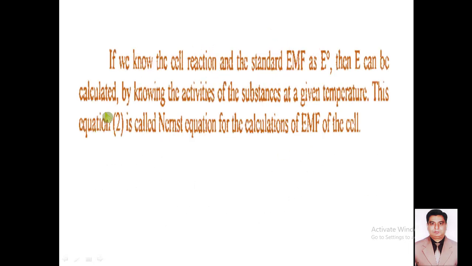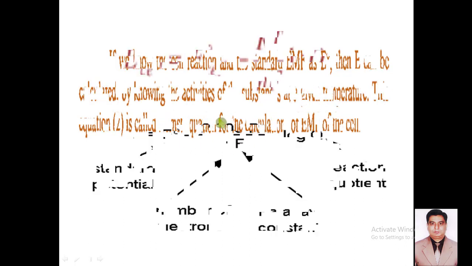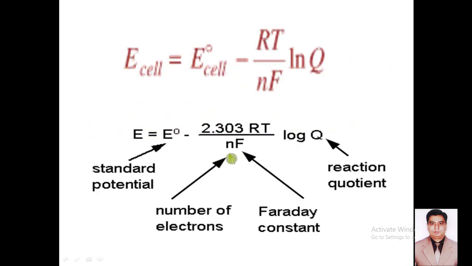Dear students, if we know the cell reaction and standard electromotive force E naught, then the electrode potential of the cell can be calculated just by knowing the activity of the substances at the given temperature, and this equation is called simply the Nernst equation.